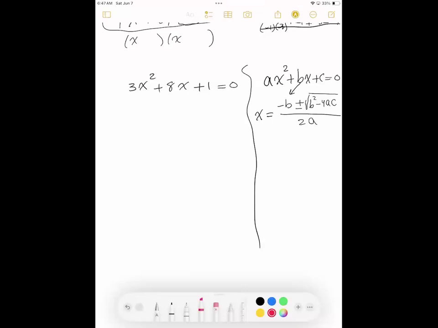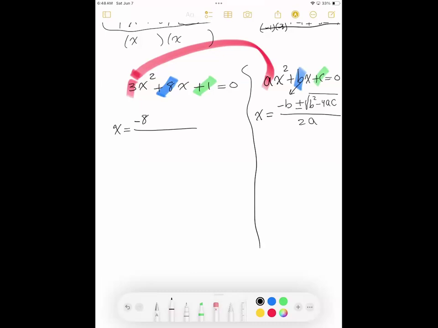So in our case, a is 3. B is positive 8. C is positive 1. So we are just going to fit everything in here. We say x is equal to negative, I put a negative. B is positive 8, I put an 8 here.